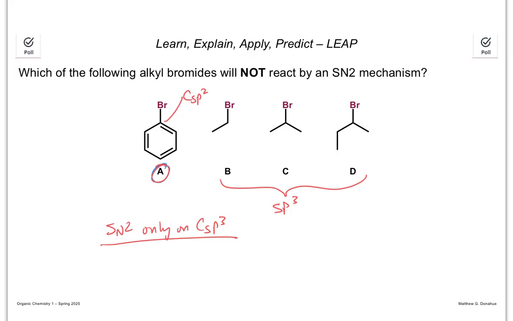One way to think about that, if you look at A, see the carbon bearing the bromine? So if that's sigma, and then we drew this sigma star, sort of 180 degrees.